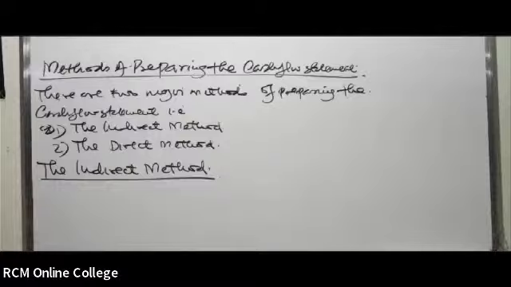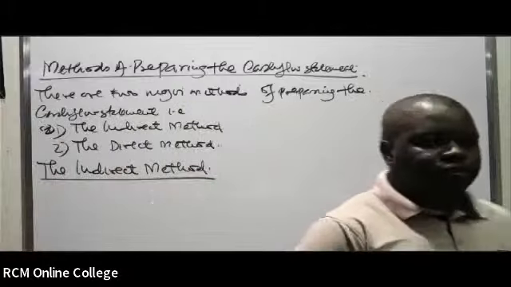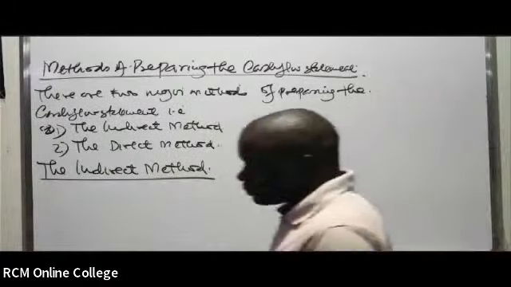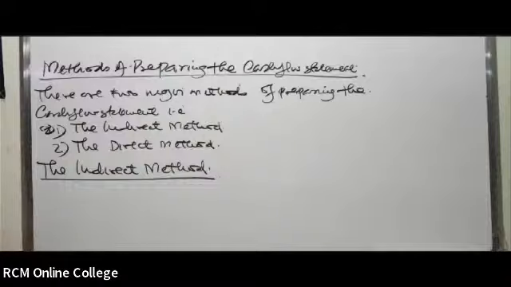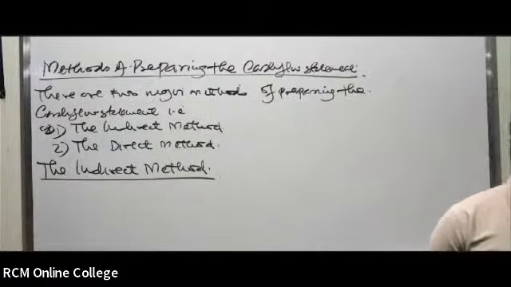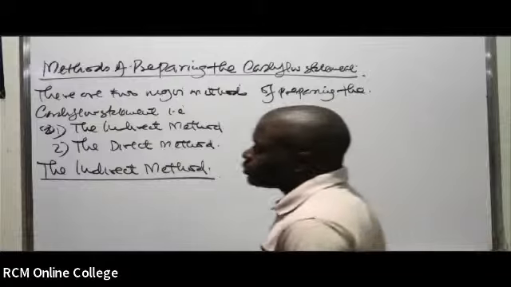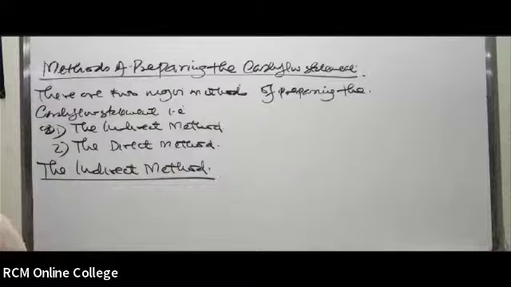Under this method, the cash flows from operating activities are determined by adjusting the profit before tax with the following: A, all non-cash items.